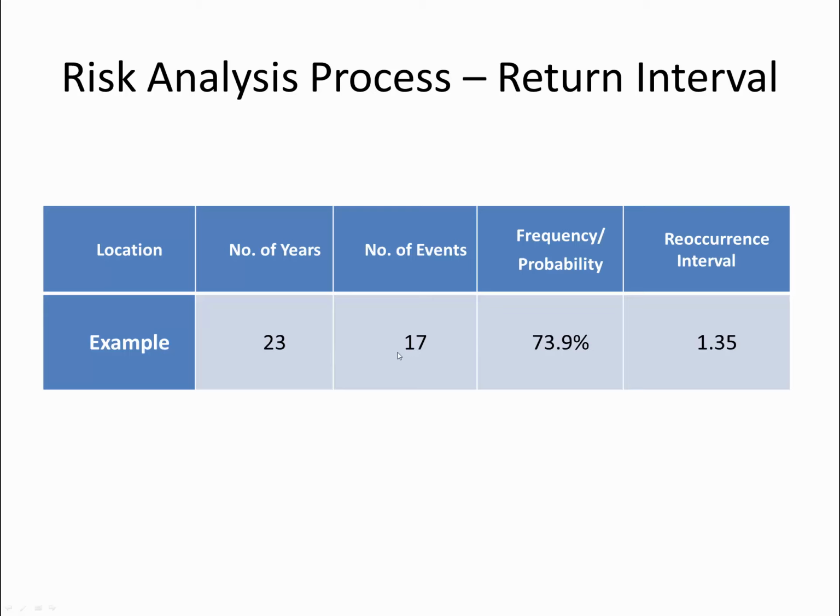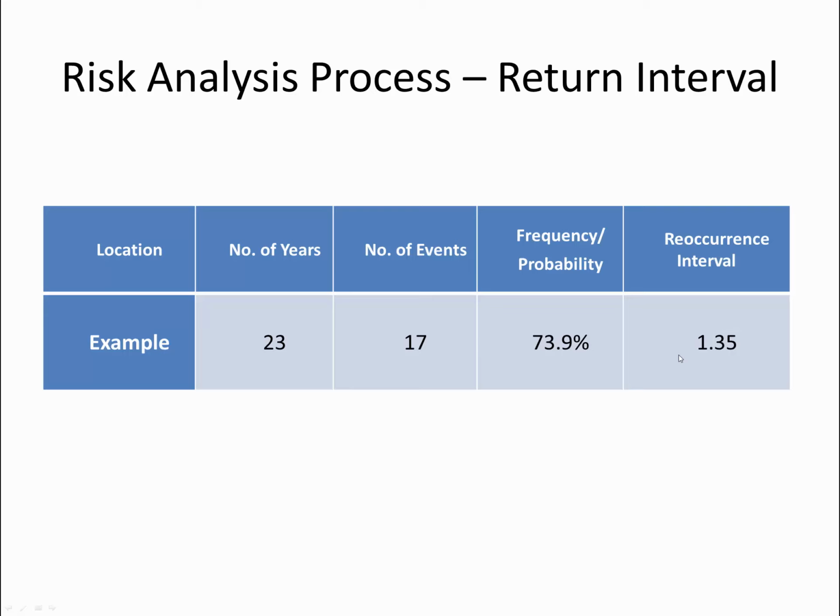For this particular example, there are 17 events which occurred over a record of 23 years. When we compare the number of events to the years, we're able to calculate the probability of a reoccurrence, and in this case, it's 73.9% probability that the hazardous event will reoccur.